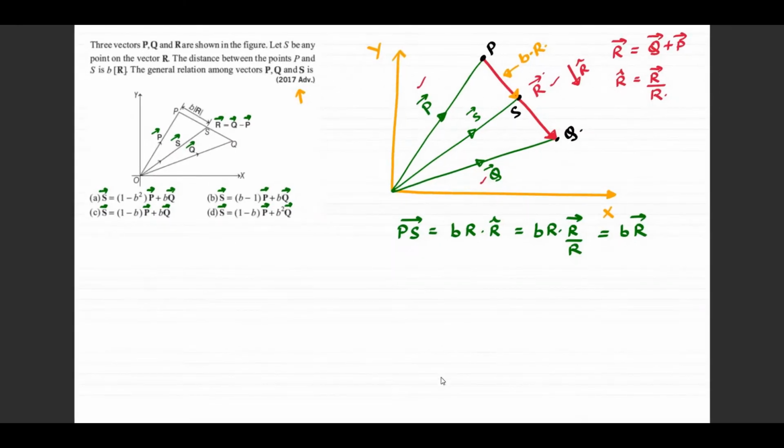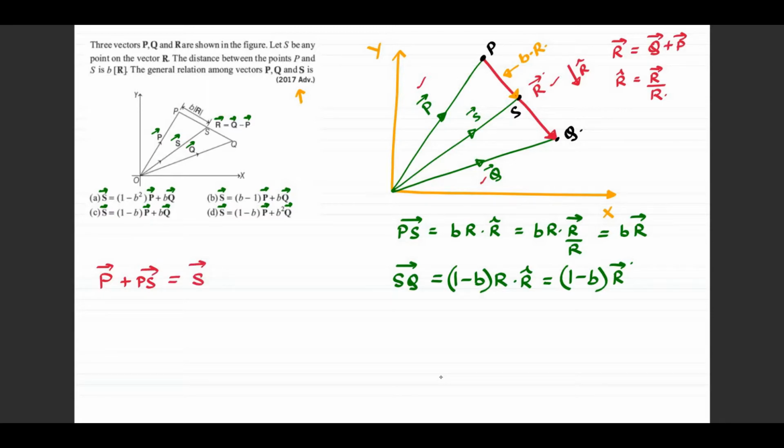Okay. Similarly, if you go for SQ vector, it will be 1 minus B into R, the magnitude, into R unit vector. Using the same logic, this will become 1 minus B into R vector. Also, can I say P vector plus PS vector is equal to S vector?